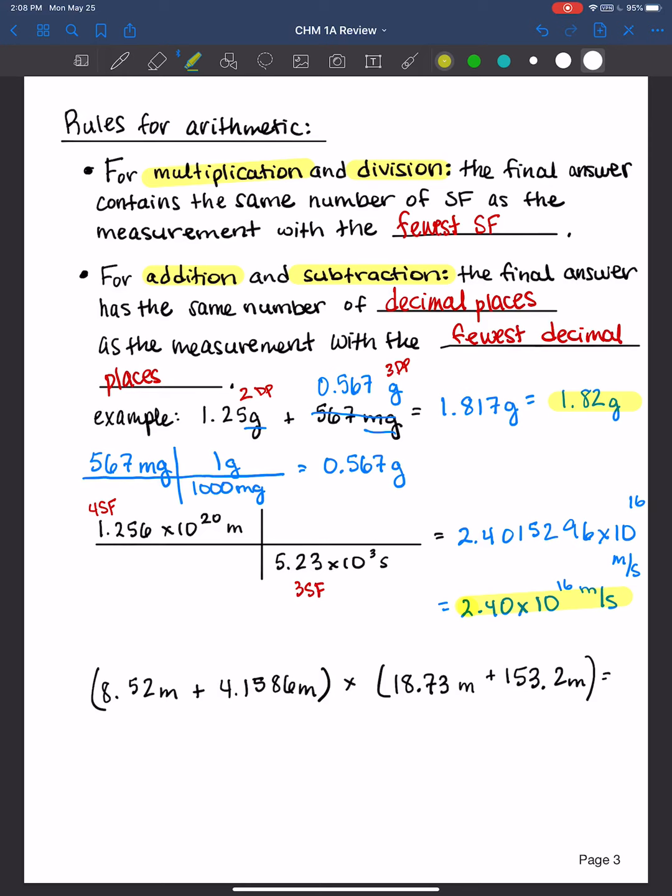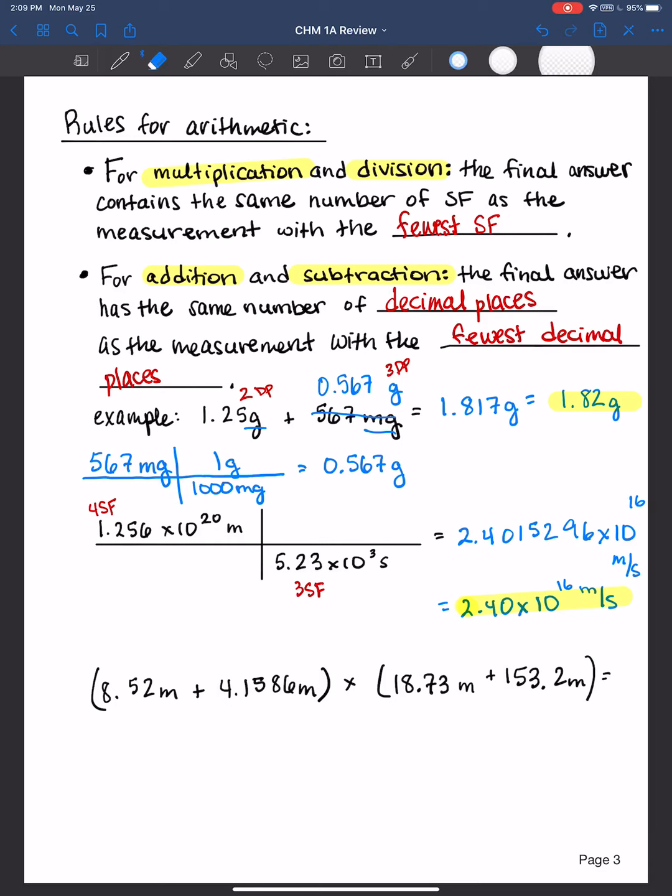Now the final example I wanted to work with you is this last one here where you have mixed orders of operation. So you have 8.52 meters and 4.1586 meters. These are added together in parentheses, so we'll do that first. Then you have 18.73 meters plus 153.2 meters.